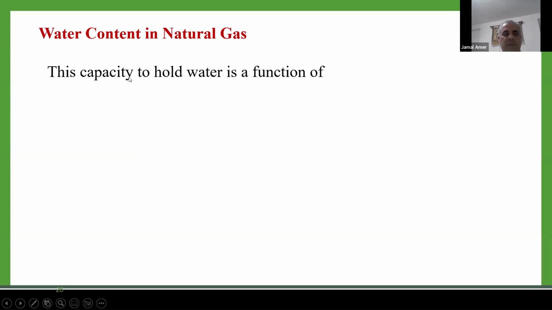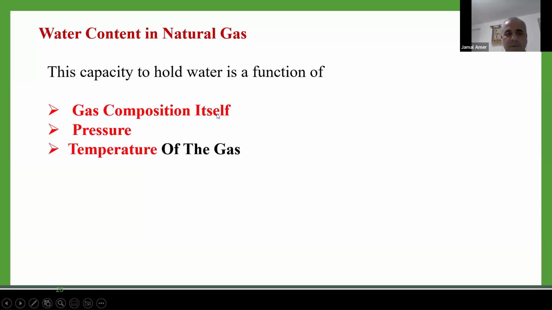The capacity to hold water is a function of what? Gas composition itself, pressure, and temperature of the gas. So these are the main factors which affect the gas capacity to hold more water or less water vapor in the gas.